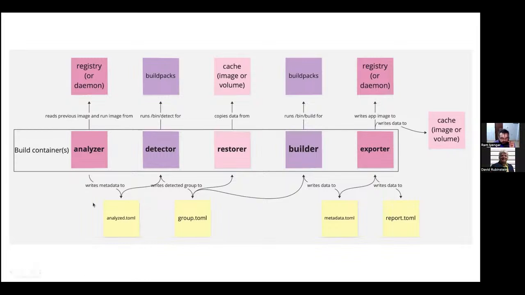So if you notice here, there's a step known as bin/detect. So bin/detect is really where that magic happens, which you were asking about, which is how does it know what the language or the framework is? bin/detect internally has a bunch of different ways where it compares the source code itself for known patterns. Now, one example is if you have a package.json file, it is more than likely a Node.js based app.